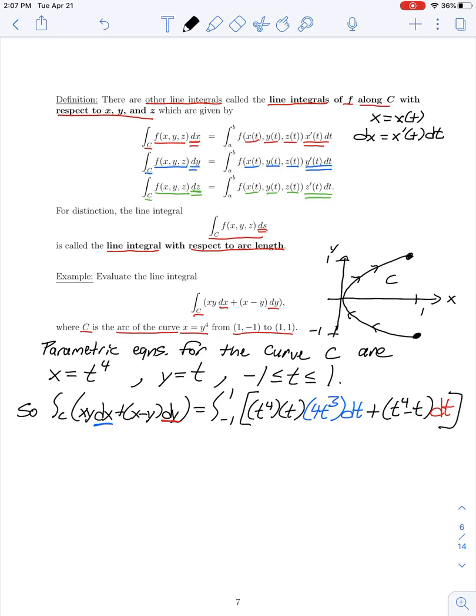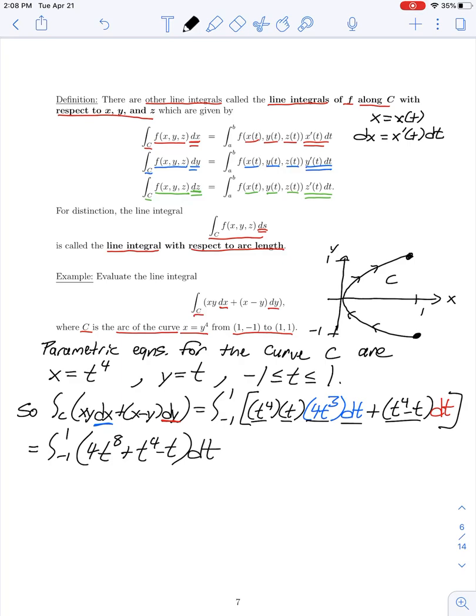So let's see what we have here after we simplify a little. We've got the integral from -1 to 1 of, expanding our first few terms, we have 4t cubed times t to the 4th times t, which gives us 4t to the 8th power, then plus t to the 4th minus t, all times dt.